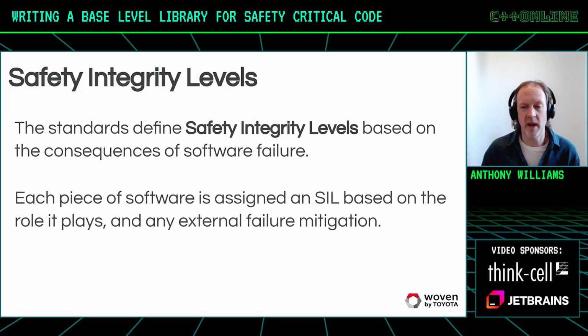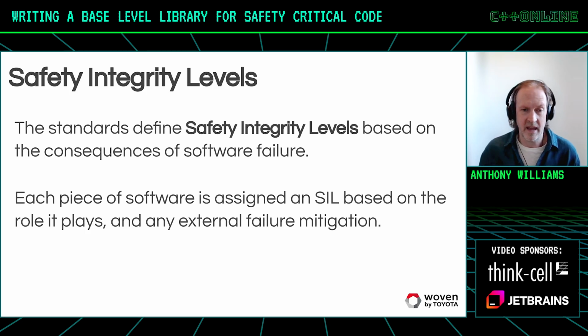And each piece of software is assigned a safety integrity level based on what it does and what the consequences of failure are, and then any external failure mitigation.